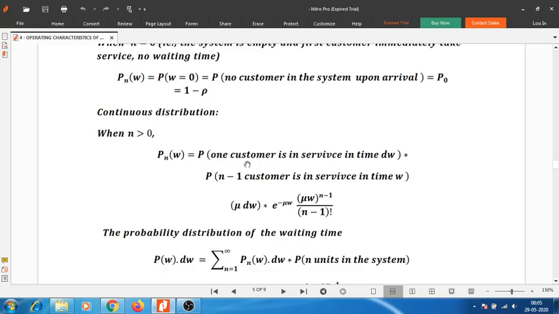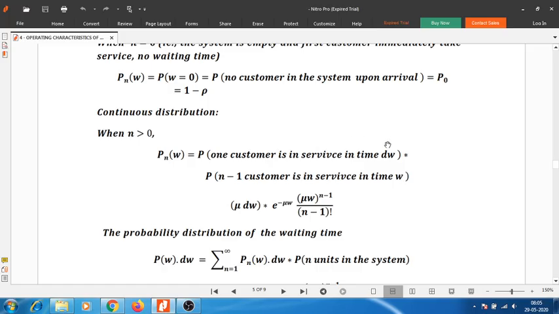Right. So the probability of one customer in service at dW. One customer is at the service platform. How many customers are waiting here? n minus 1 customers in service at W. Because W to W plus dW is my time interval, that is a stationary independent increment process.